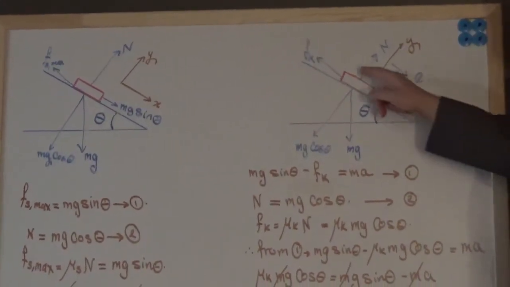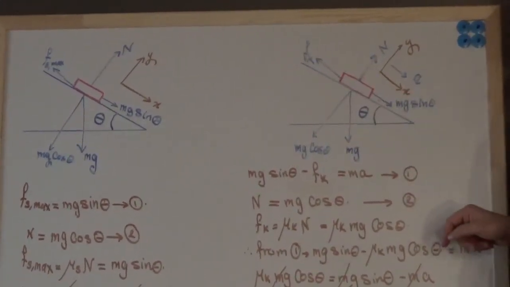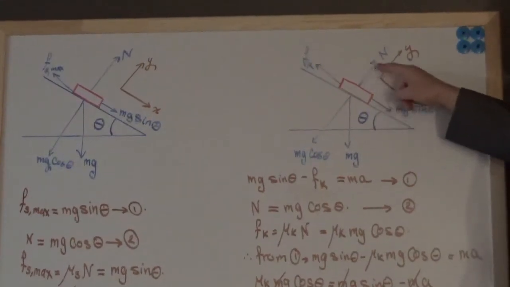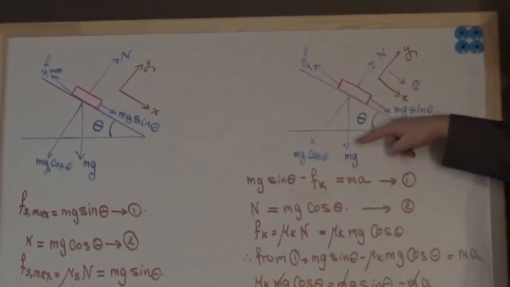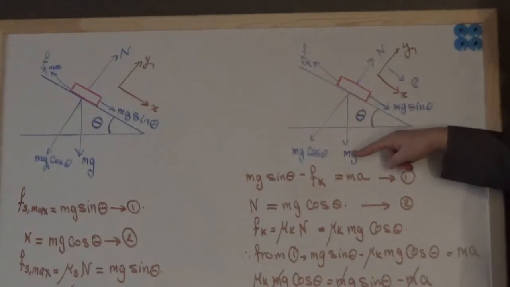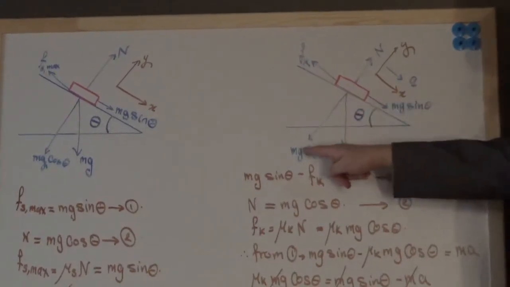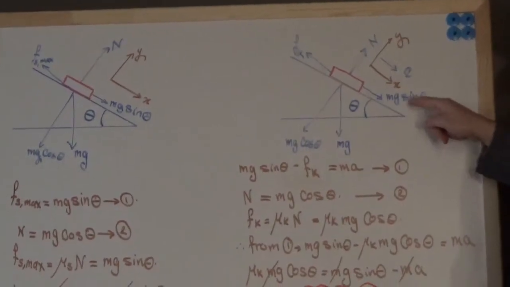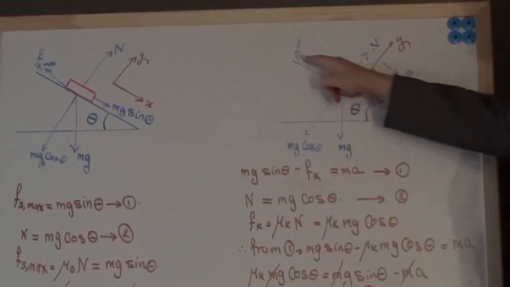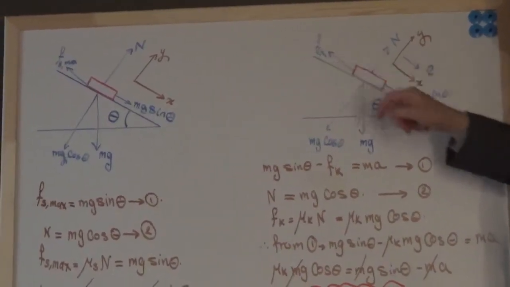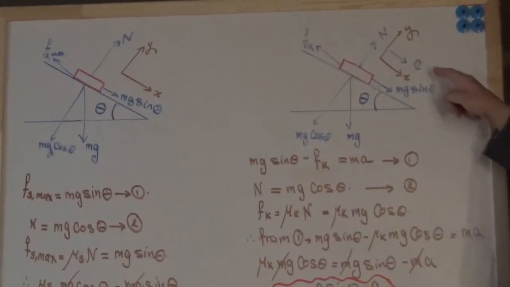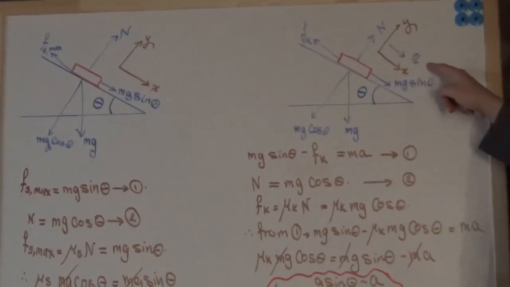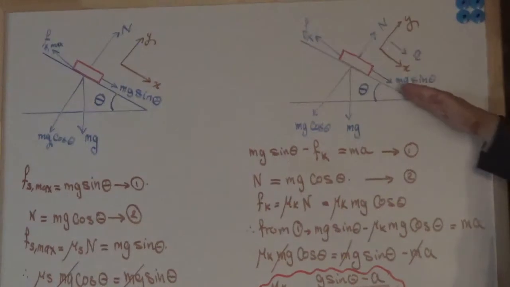So what are the forces that we have right here? We have normal force, we have gravitational force that can be decomposed to mg cosine theta and mg sine theta, so that's great. And we have kinetic friction force. And the whole system is moving with acceleration a along this incline.